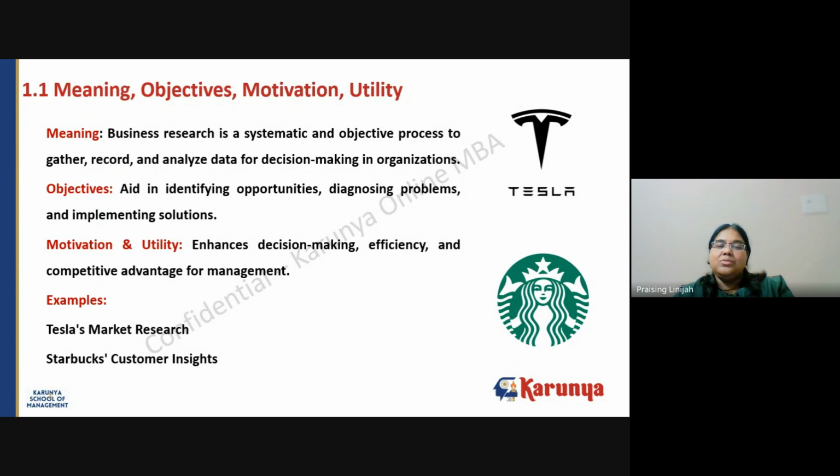One is to spot new opportunities. Then I would say diagnosing problems, identifying a problem and then trying to rectify it, then implementing solutions. Let me make it a bit more clear. Spotting opportunities means imagine being the first to sense the demand for a new product and getting into the market with it.